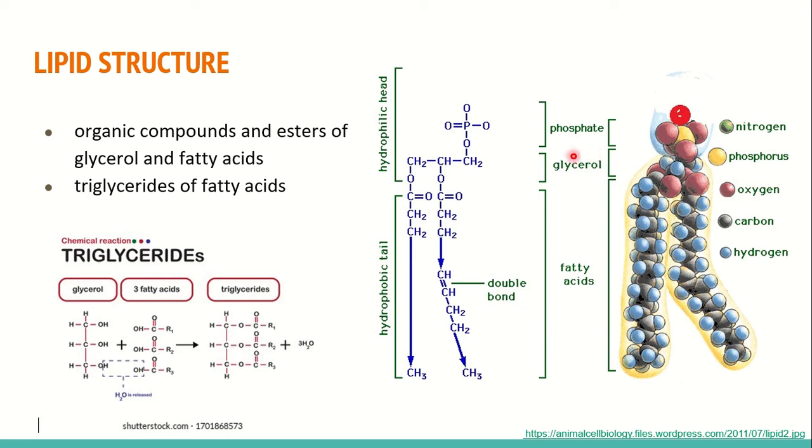So going back to the organic compound: aside from having carbon atoms in its chemical structure, it is a hydrocarbon. Recall your organic chemistry. And when we say esters, recall the formula of your ester, RCOOR.